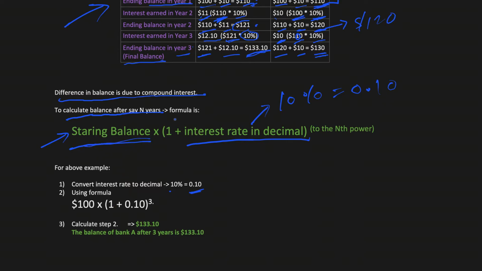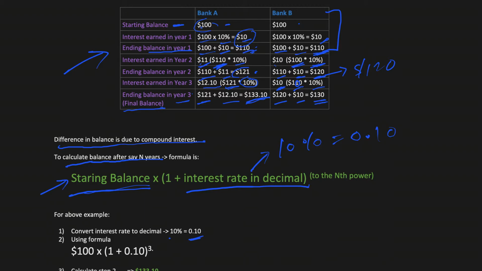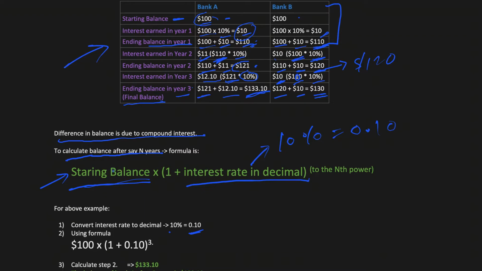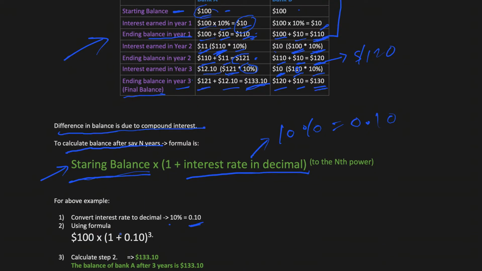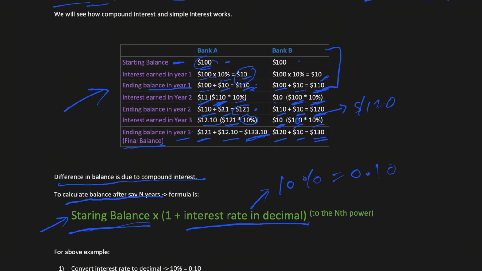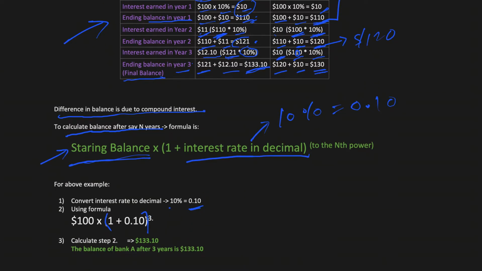Starting balance, if you remember, is $100. So 100 times bracket 1 plus interest rate 0.10 in decimal, and this raised to nth power. Since in the example above we calculated it only for 3 years, n will be 3 here.